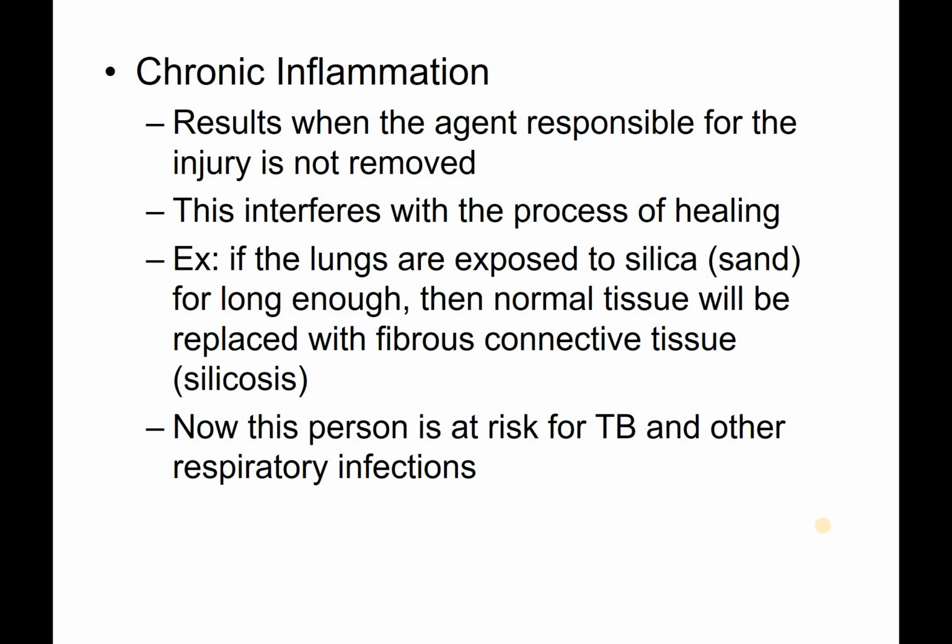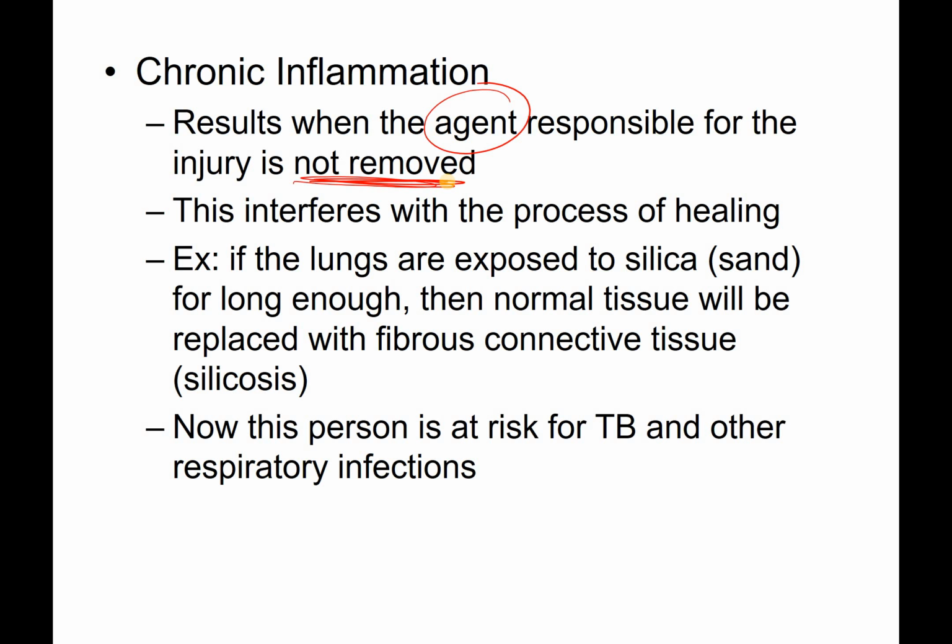Okay, chronic inflammation happens when the agent responsible for the injury is not removed. Okay, earlier I mentioned make sure you remove the harmful thing, whether it's a splinter or whatever, food, because it interferes with the process of healing.